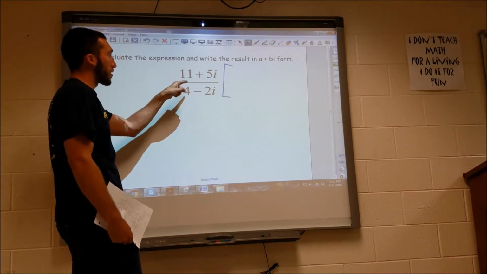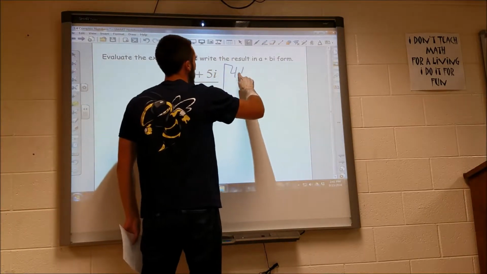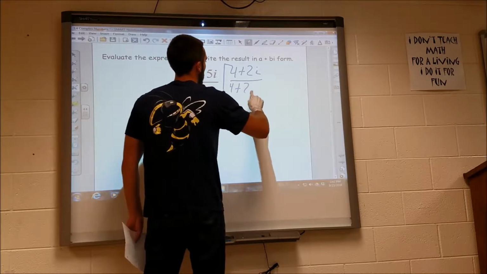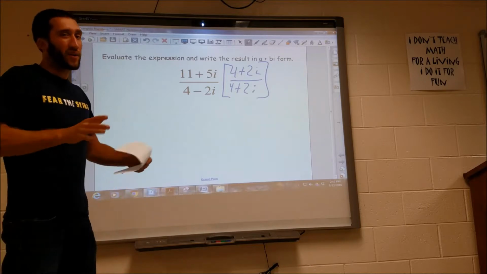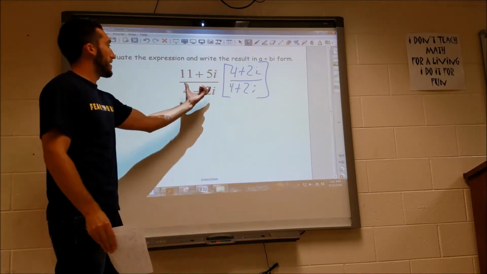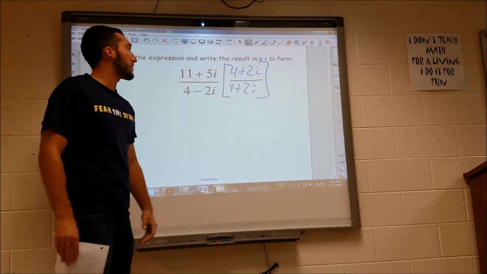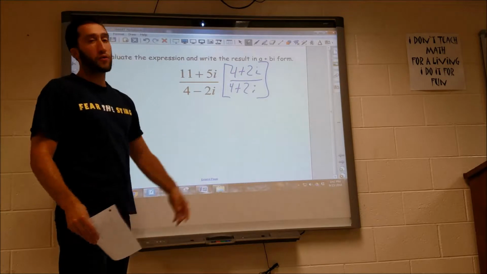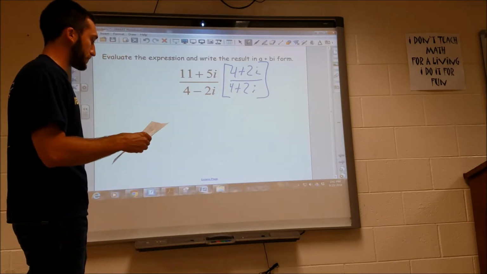So, if this is 4 minus 2i, I have to multiply by 4 plus 2i over 4 plus 2i. It's kind of like finding a common denominator in a way. So to divide complex numbers, I multiply by the complex conjugate of the denominator, and then I can go through and multiply straight across, just like I did in the previous example.